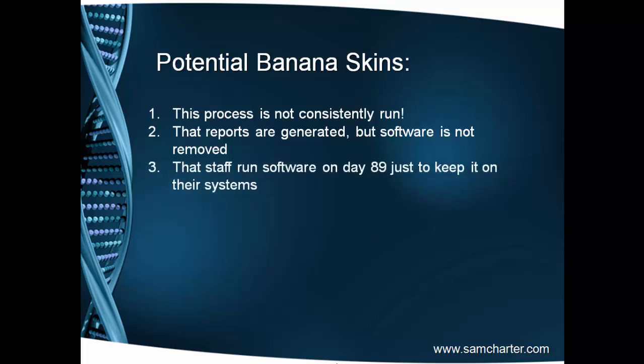There needs to be a nice symmetry between the SAM team and the apps packaging team to ensure that everything runs smoothly. A really big banana skin that I've experienced in the past is that you are about to remove a piece of software. The user is aware of that, but they go and run the software on day 89 just to make sure that it isn't automatically removed, so it's kept on their system. Obviously, this is not best practice. This is not the best way to optimize your license.